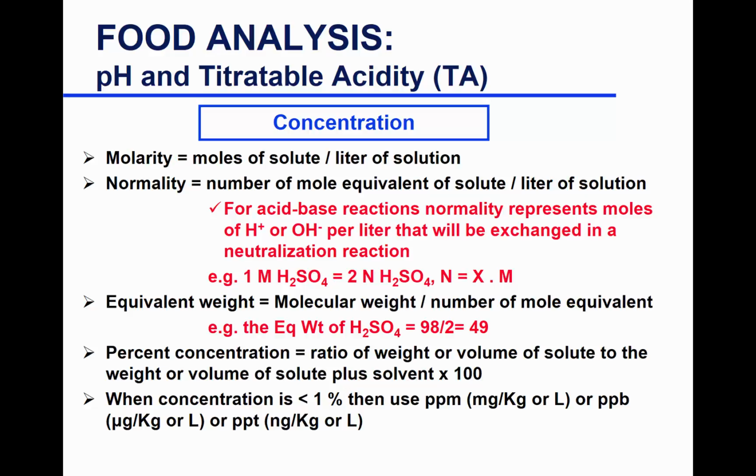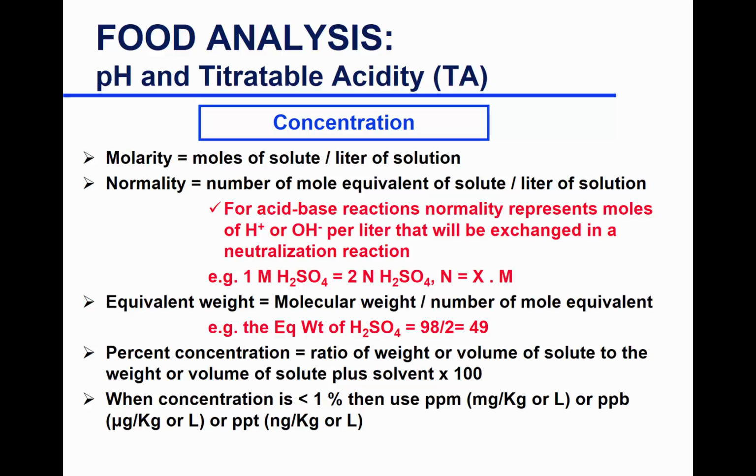Equivalent weight is another term that you will come across. This is especially important when we calculate titratable acidity, because different organic acids will have different numbers of carboxyl groups, and because of that, you'll have different numbers of mole equivalents. So equivalent weight is important.